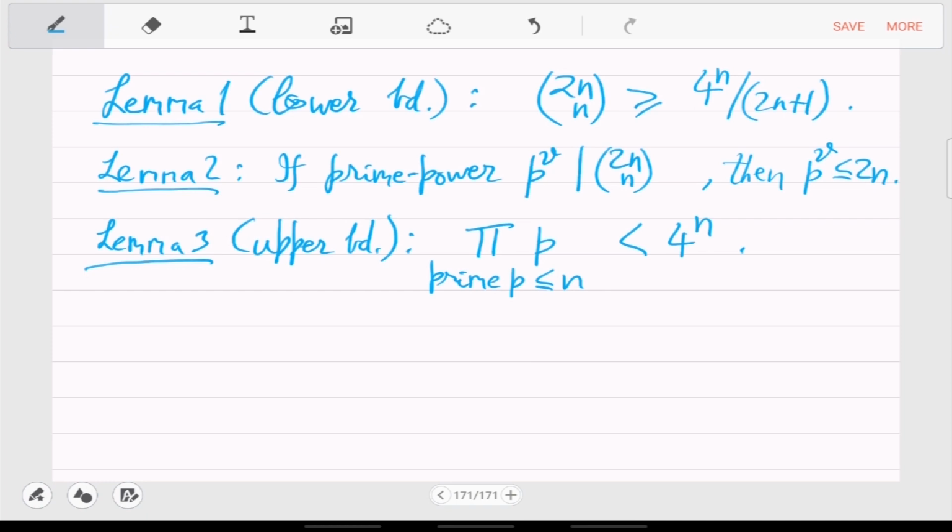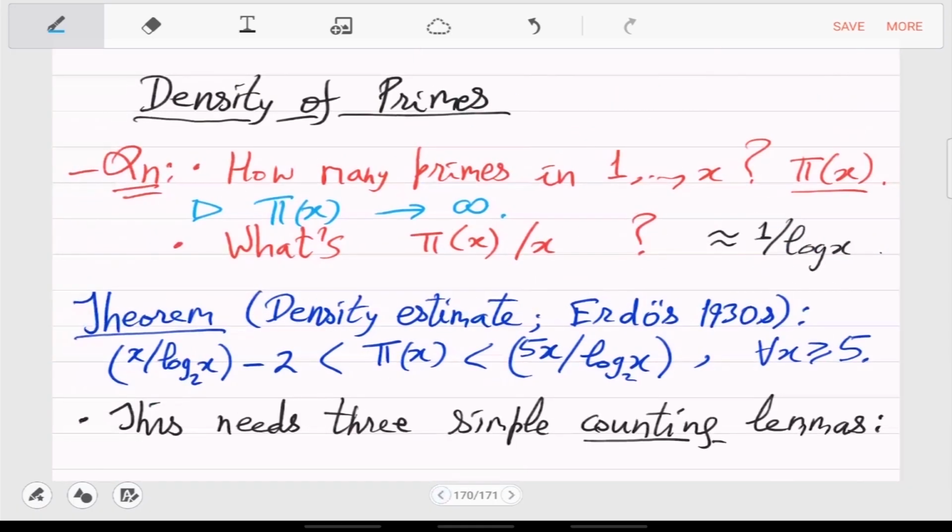So it says that if you multiply all the primes, then it's at most 4 to the n, which is the least interesting lemma, because this is kind of going the opposite way. It is showing that there are fewer primes. But we will need lemma 3 to give both sides of the estimate. So the interesting things are lemma 1, and most interesting is lemma 2. So using this, the Erdos estimate can be proved. We'll do that next time. Okay, you can ask questions if you want.